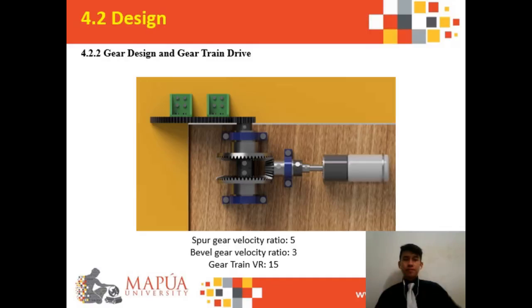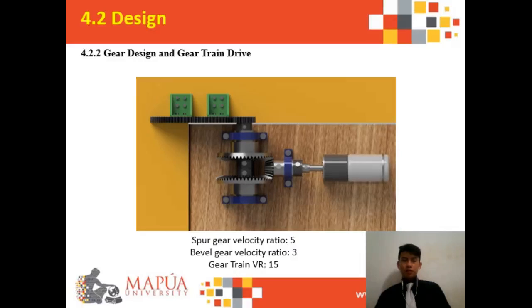So for the next slide, the gear train drive. The generator requires at least 194 RPM, so we need a gear train that can drive the generator shaft at at least 194 RPM.